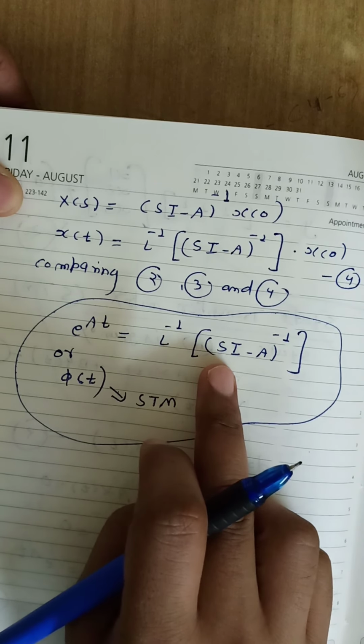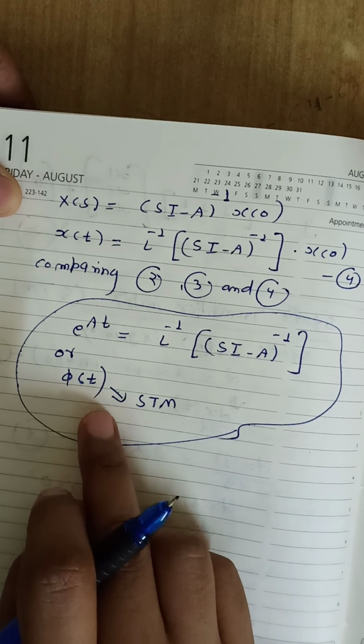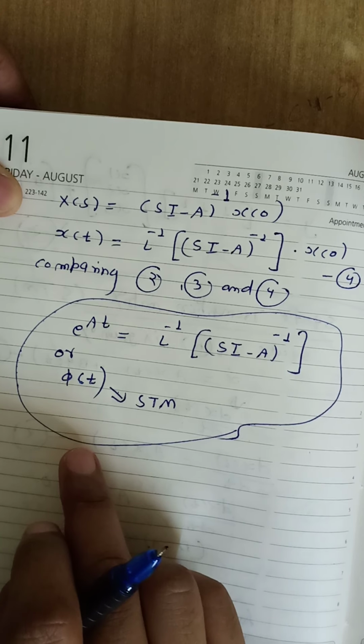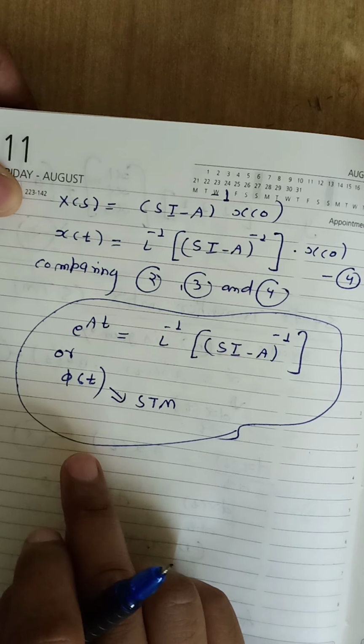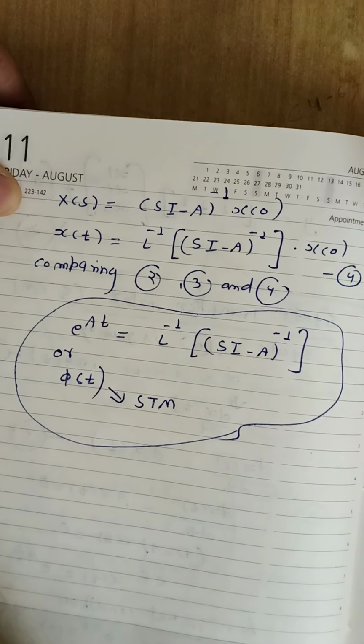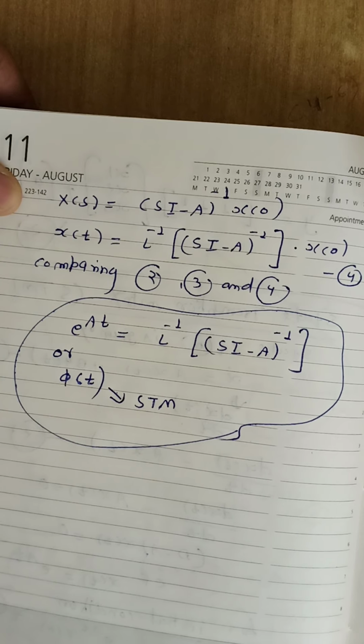So we can say the state transition matrix phi of t is dependent only upon the matrix A. Therefore, it is sometimes called the state transition matrix of A. So we can say the state transition matrix completely defines the transition of the states from initial time to any time when the inputs are 0.